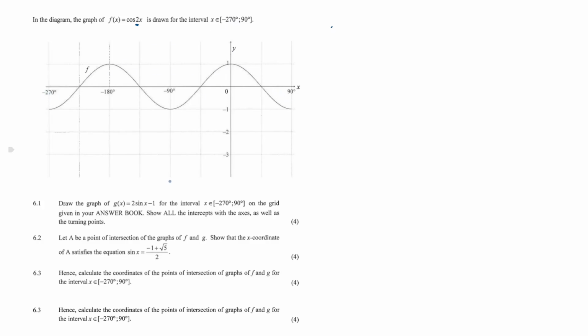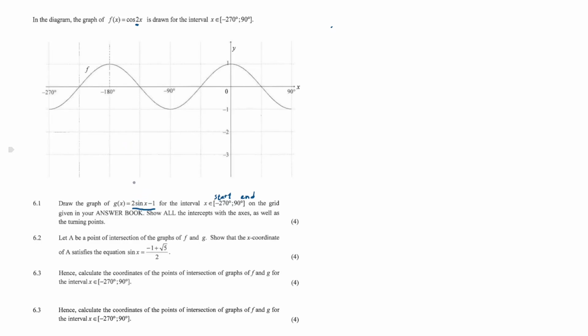It's just from minus 270 to 90. So if I was using the calculator method to draw this graph, this would just be my starting point, minus 270, and this is what I'd put in for my end. And so you can look at my other video on how to draw graphs using shift table and then typing in the graph. For this example, I'm just going to dive straight in. So I've punched this g(x) into my graph.